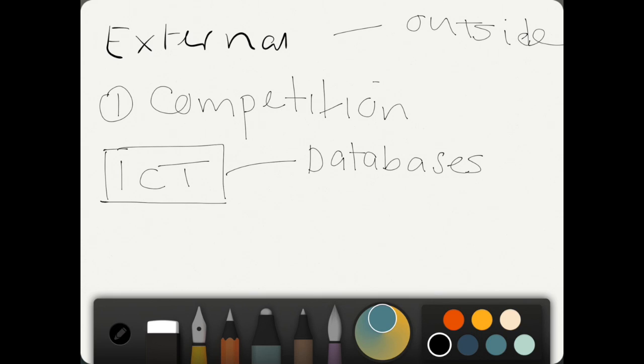We can also use databases to mail merge. A lot of the time I might receive junk mail in the post, and it's actually got my name and my address on it, and it's talking about things that are specific to what I like to buy. So businesses can use databases to mail merge offers and tailor them to the individual customers. They'll also use spreadsheets.